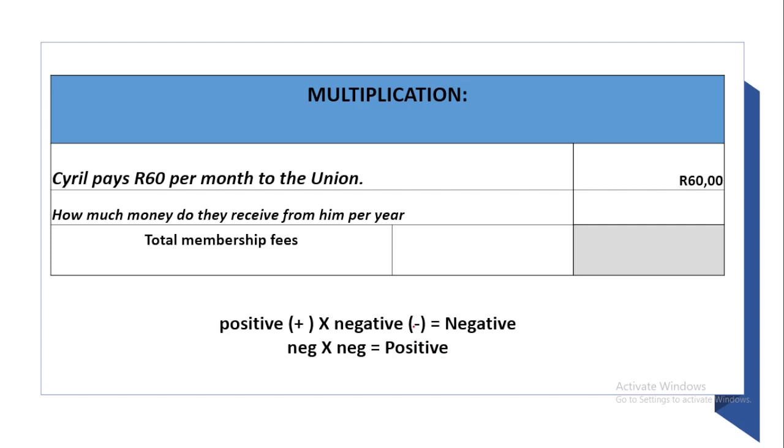And where you multiply a negative with a negative, to say minus 1 multiplied by minus 1, this will give us a positive 1. So a negative multiplied by a negative gives us a positive.